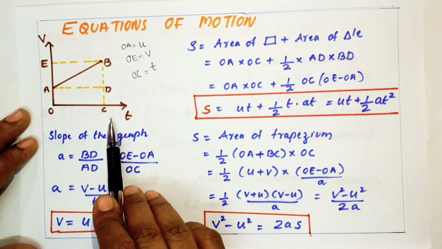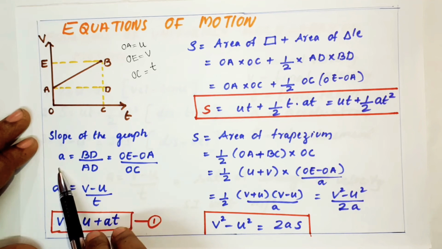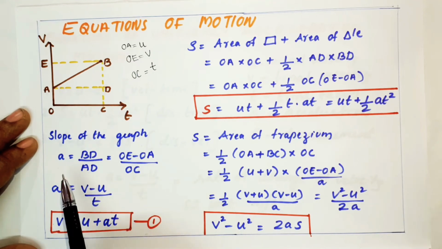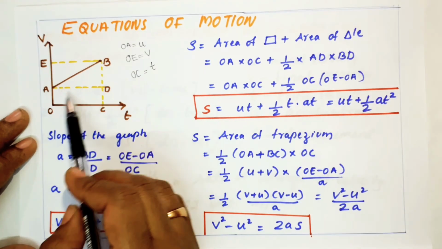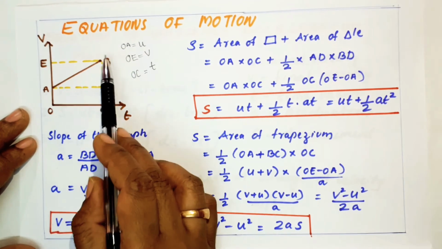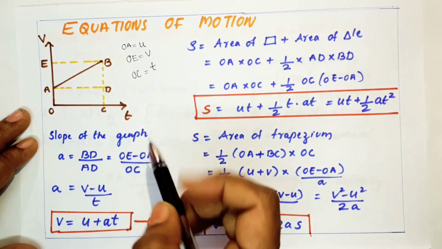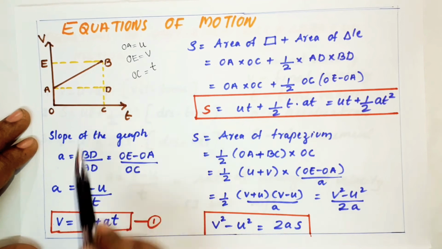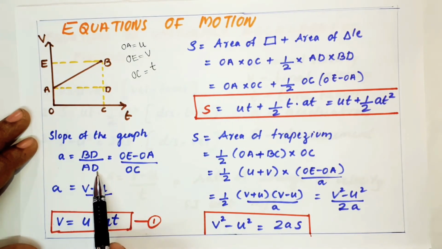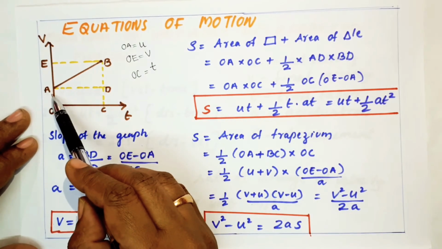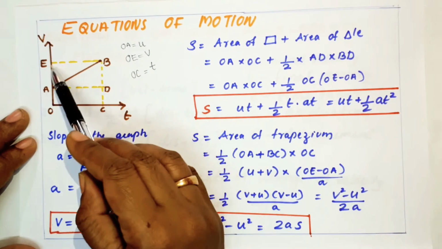First, from the velocity time graph, I should calculate the slope. In the previous video, I told you slope is nothing but y2 minus y1 by x2 minus x1. Taking the triangle ABD, slope is BD, the y-axis, by AD, the x-axis. BD is equivalent to AE because these two are parallel sides.